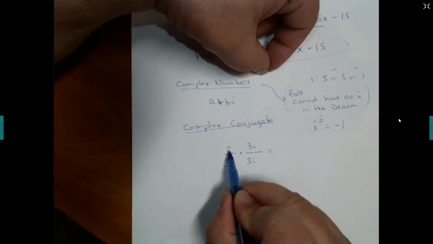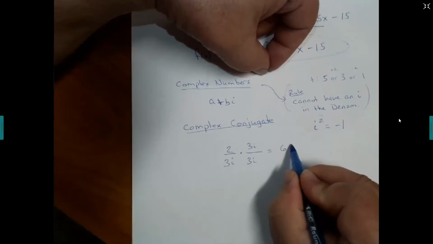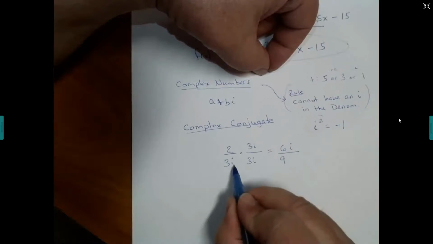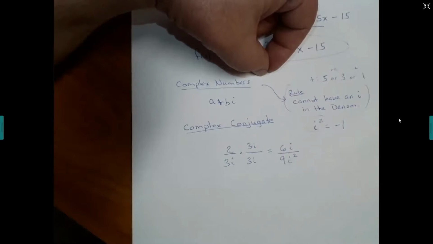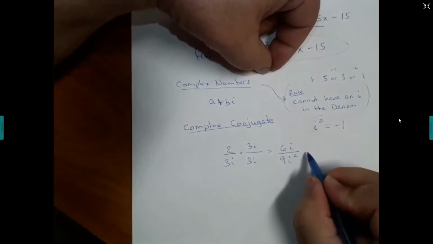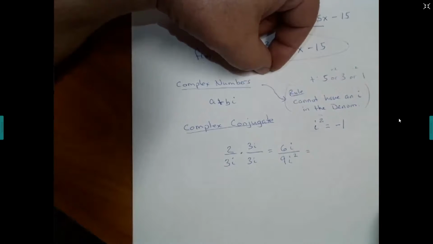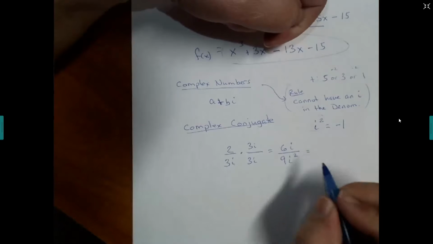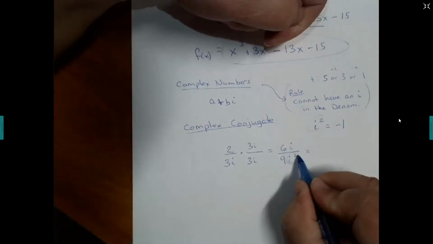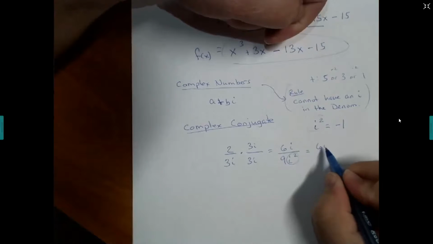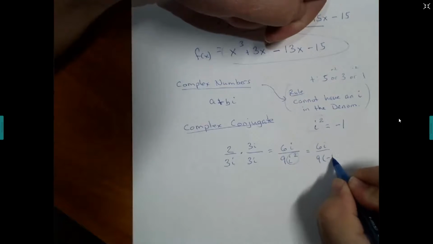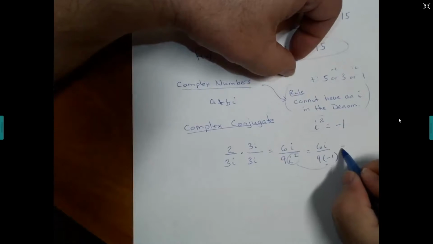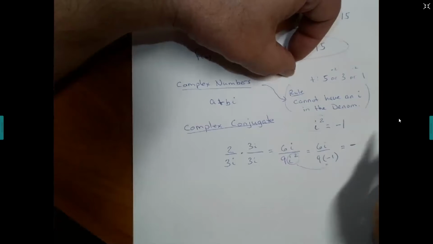Now you multiply. 2 times 3 is 6i. 3 times 3 is 9. i times i is i squared. Can anything cancel? Well, yeah, that i squared becomes a -1. So because there's a negative inside there, the whole number is negative.